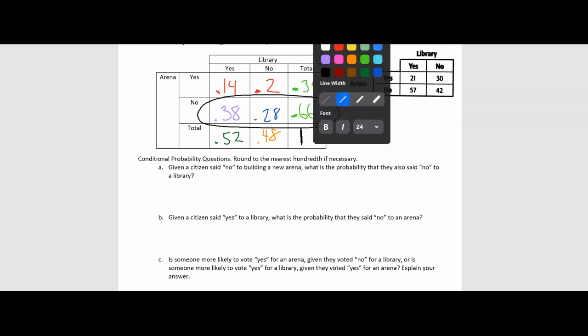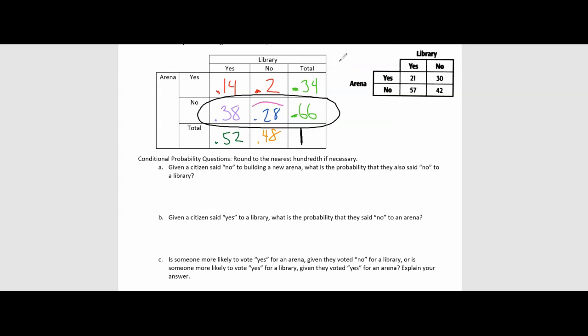Well, based on that row, the no's for the library represent 0.28. But that 0.28 is not the probability of, given they said no to the arena, they said no to the library. That represents out of everybody in the poll, right? That 0.28 represents people that said no to the library and no to the arena.